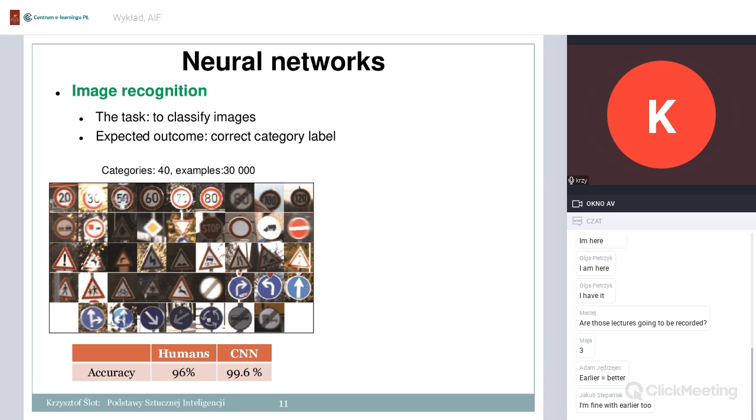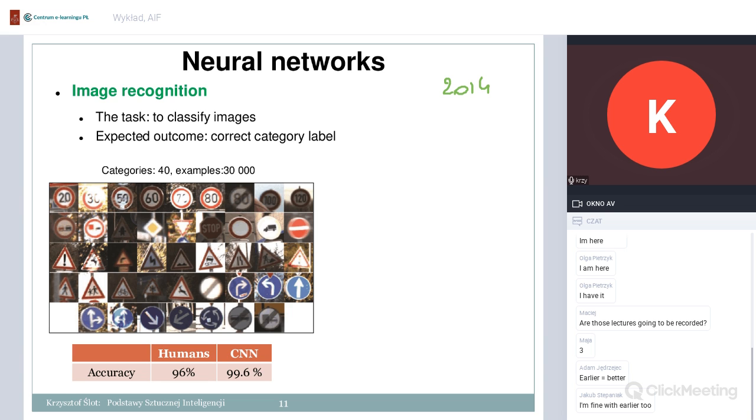Just briefly, because we'll be talking about neural networks, it began around 2014, so it's a relatively short time from the moment when these neural networks became really competitive to humans. And one of the first tasks that were solved by neural networks in a way that is better than by humans was recognition of road signs.